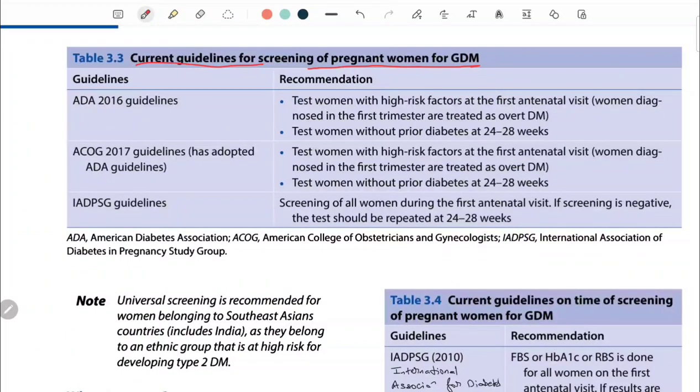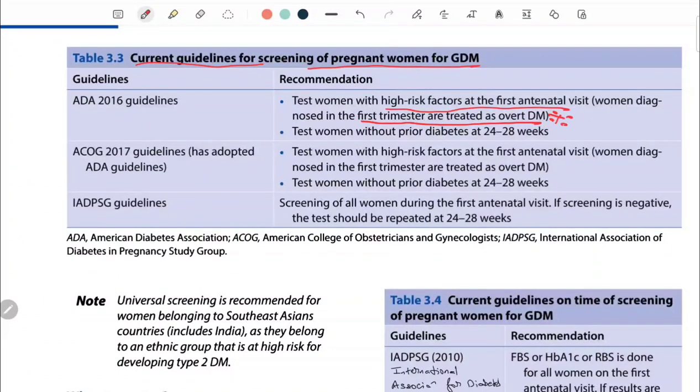First, the American Diabetes Association recommendation is to test women with high risk factors at the first antenatal visit. Women diagnosed in the first trimester are treated as overt diabetes mellitus. Very, very important.